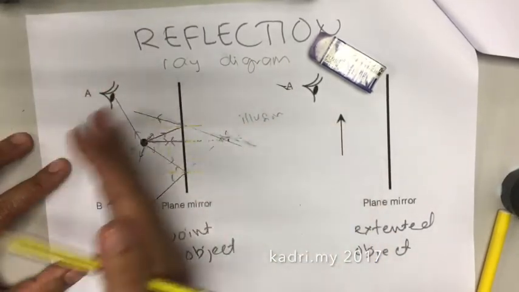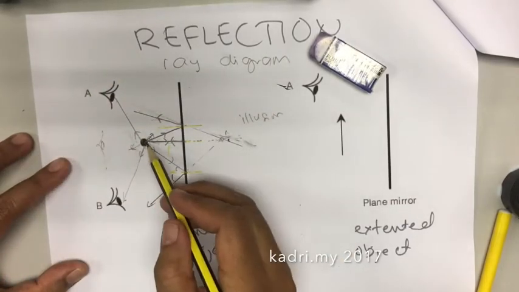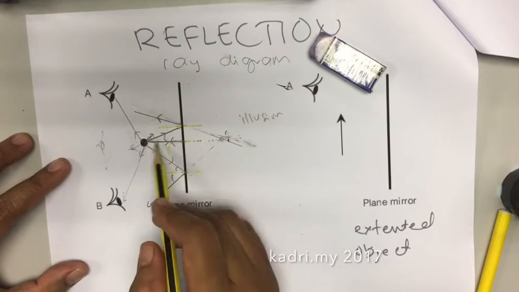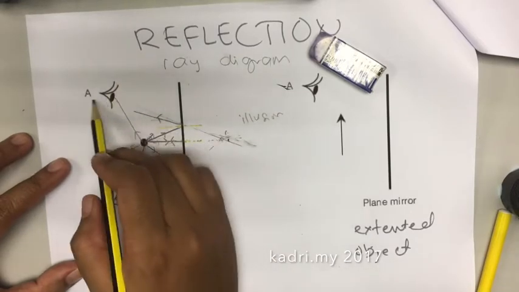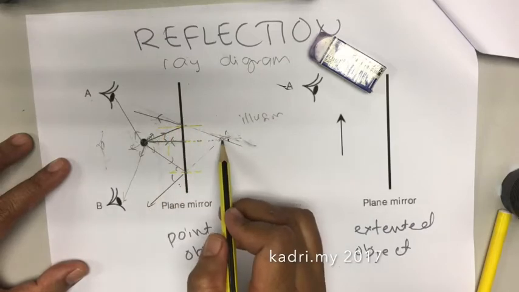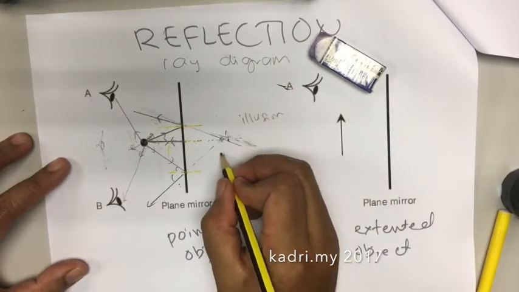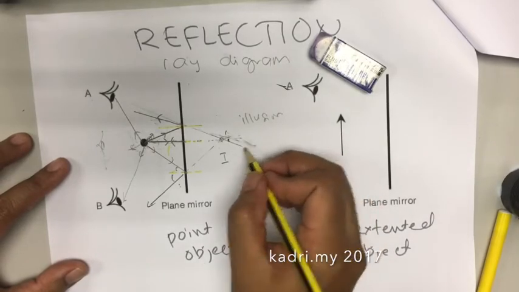So if we draw all lines, all rays representing light coming from this LED in all directions, someone will look at this reflected ray as coming from behind. So our eyes will create that illusion as an image, I, and this is the object.